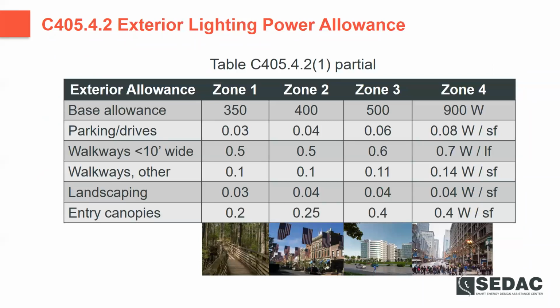As far as exterior lighting, this is a little different in that there's multiple zones depending on where you are. So we don't just have the spaces to look at, but we have to consider where we are. Most projects will not be in zones 1 or 4. Zone 1 is for state and national parks and similar spaces.